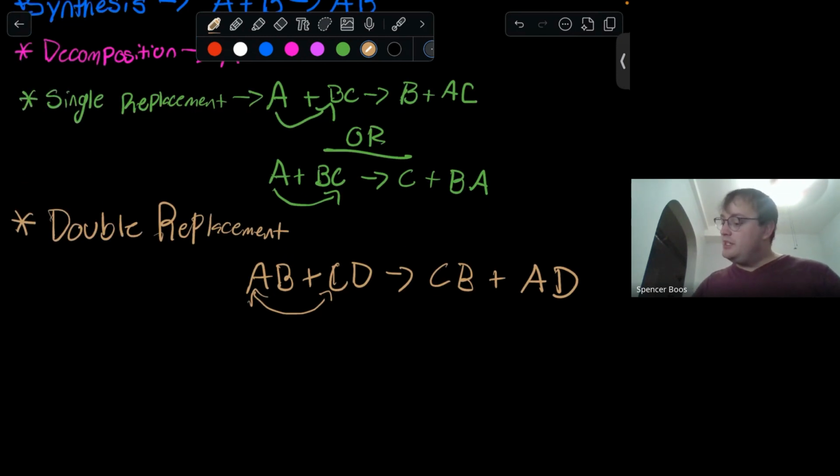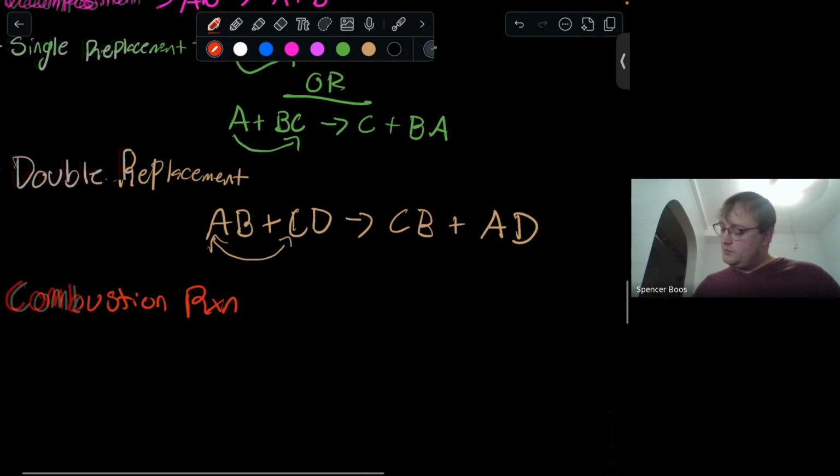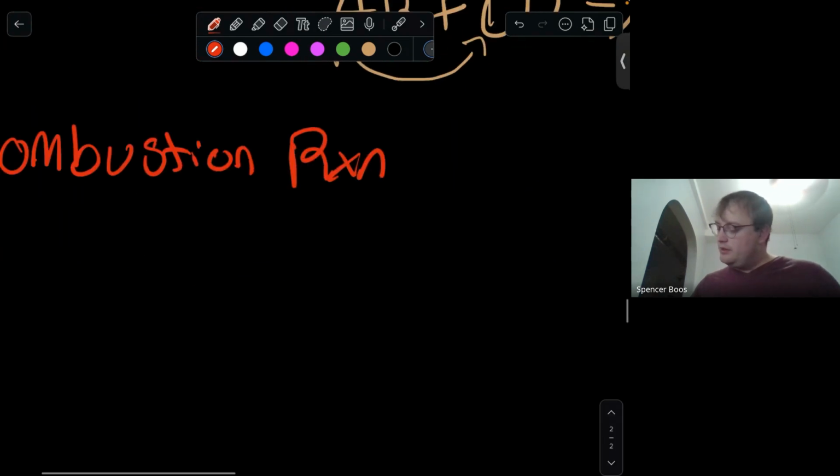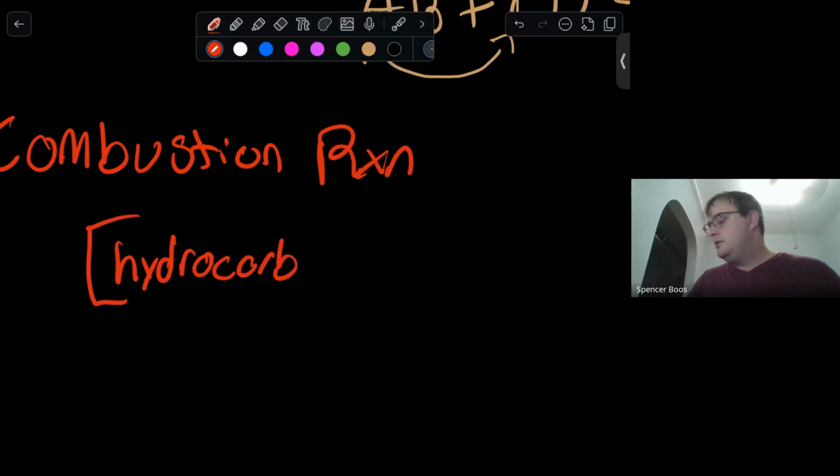The last one is the most complicated. There's no really good pattern. A combustion reaction. Here, it requires a hydrocarbon.